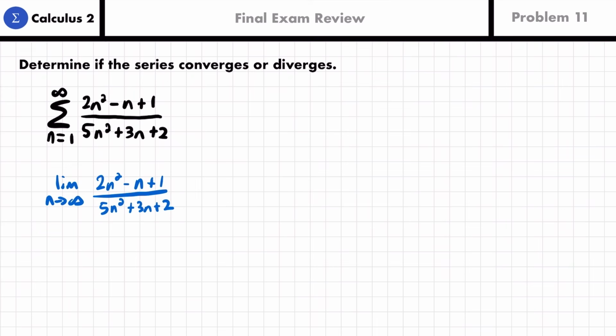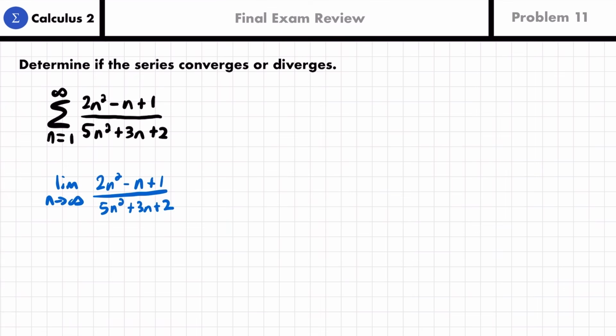Whenever you have a limit at infinity of a rational expression or a fraction involving a polynomial divided by another polynomial, there are some nice shortcuts that you can take advantage of. Specifically, you want to look at the highest power of the variable in the numerator and denominator. If the highest power in the numerator is bigger than the highest power in the denominator, then the limit will be equal to infinity. But if the highest power in the denominator is bigger than the highest power in the numerator, then the limit will be equal to 0.